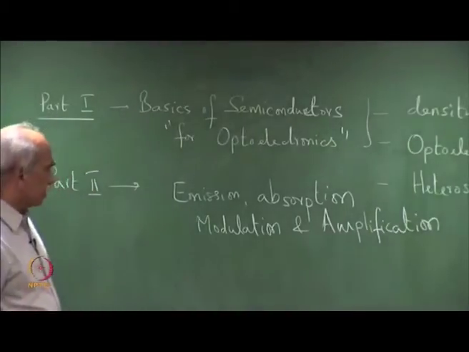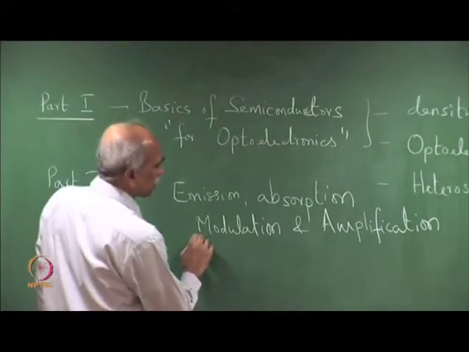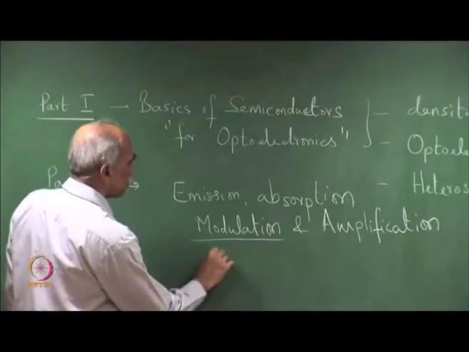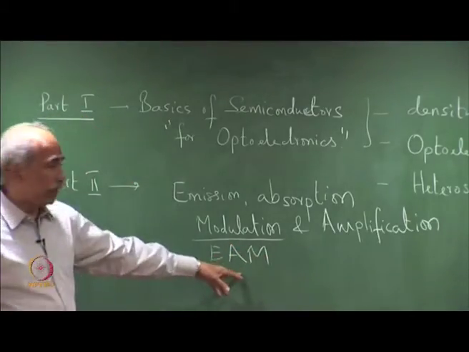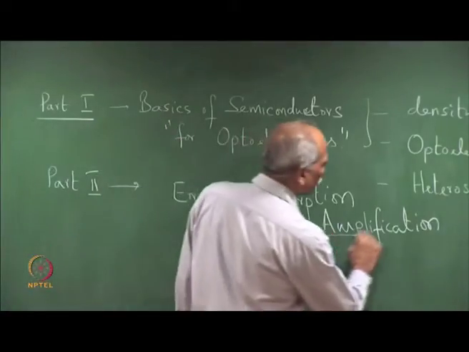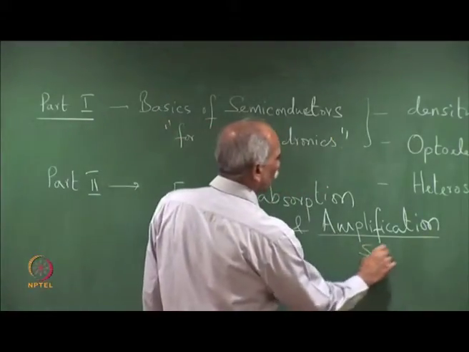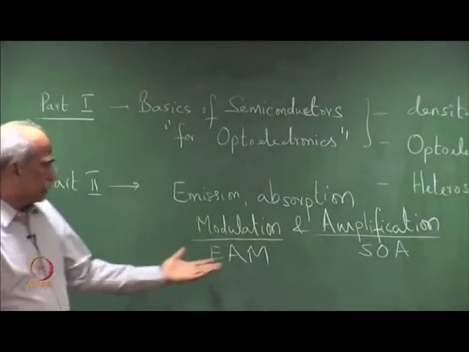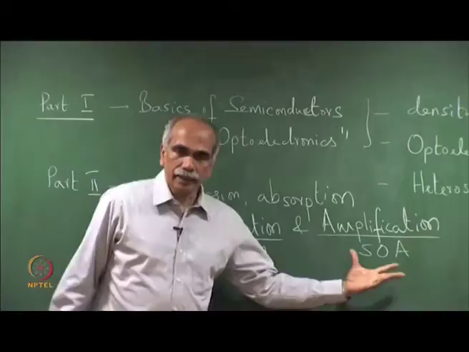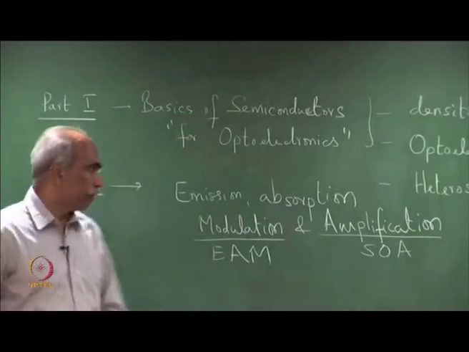In particular, we have discussed two devices here, the electro-absorption modulator (EAM) and the semiconductor optical amplifier (SOA). So, two devices we have discussed in this part, the electro-absorption modulator and the semiconductor optical amplifier.